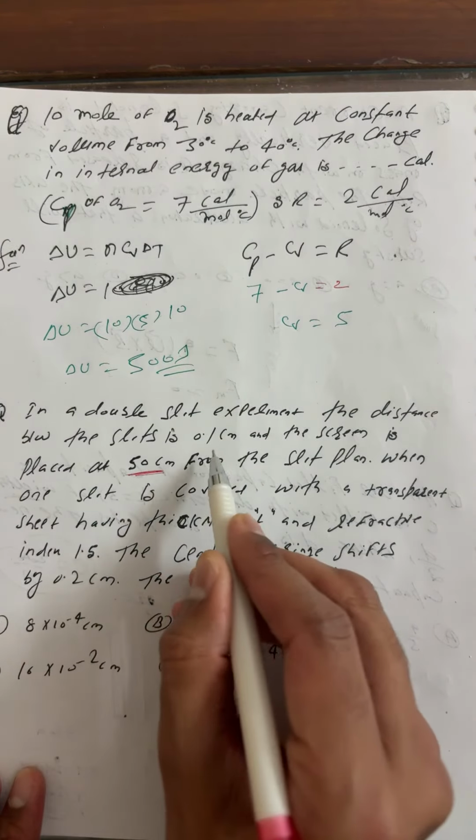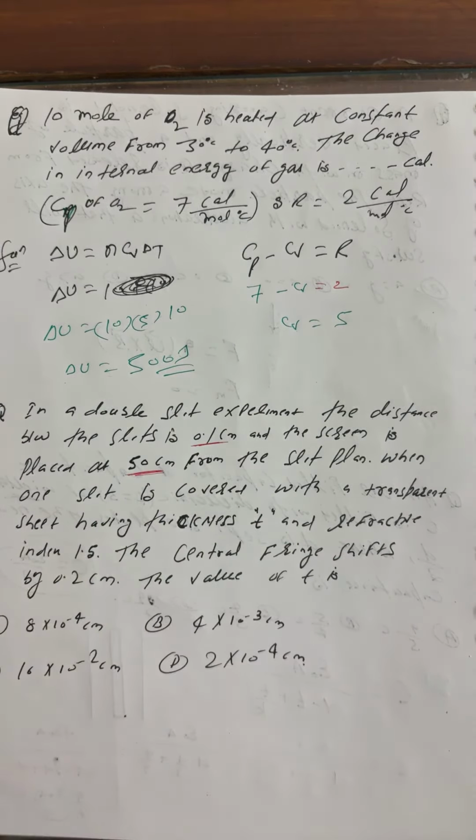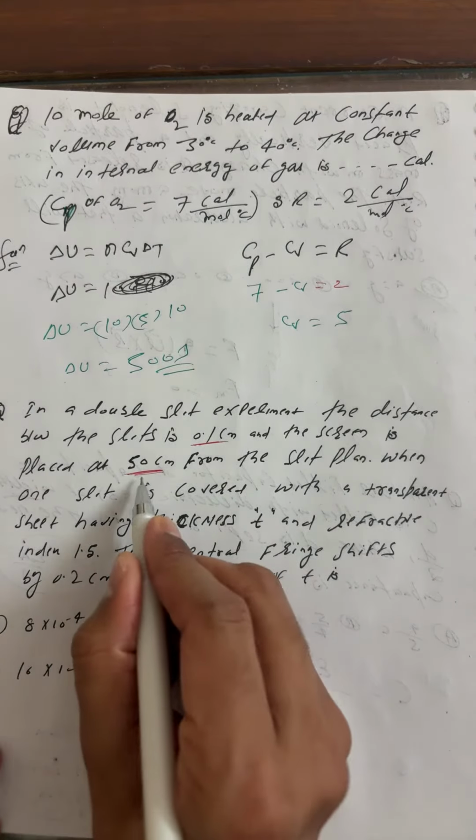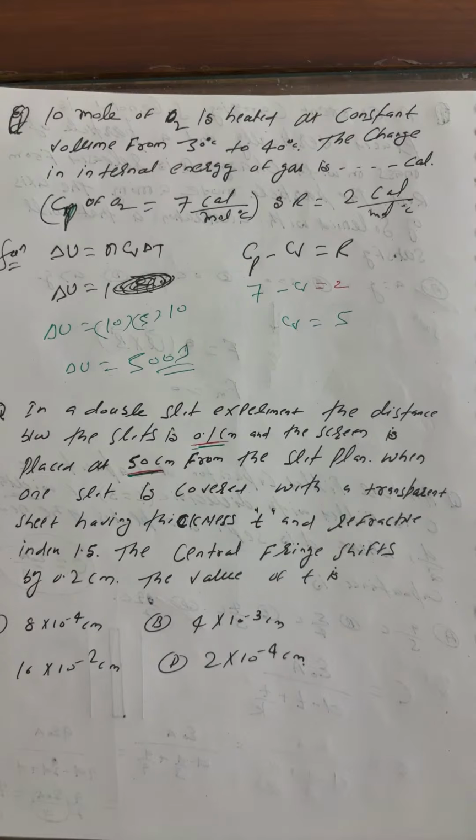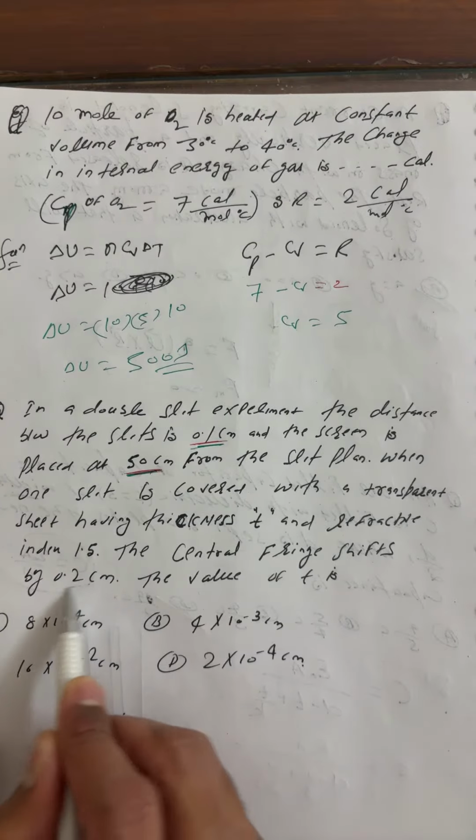Here capital D is mentioned, and small d is the slit separation. When one slit is covered with a transparent sheet having thickness t and refractive index 1.5, the central fringe shifts by 0.2 centimeter.